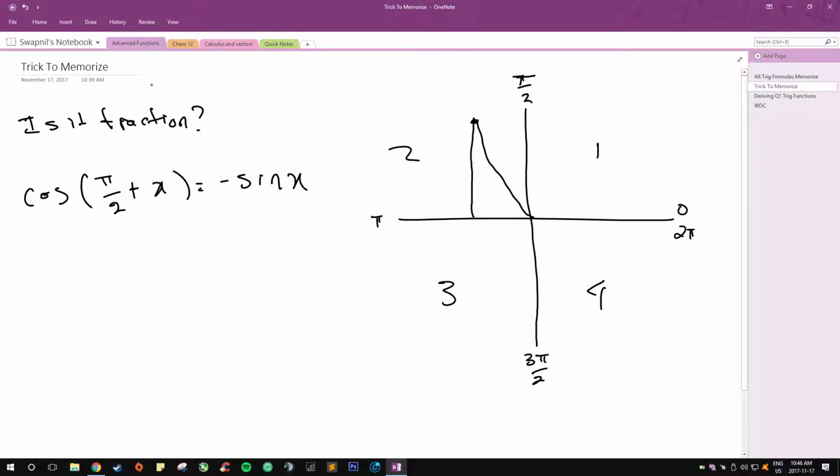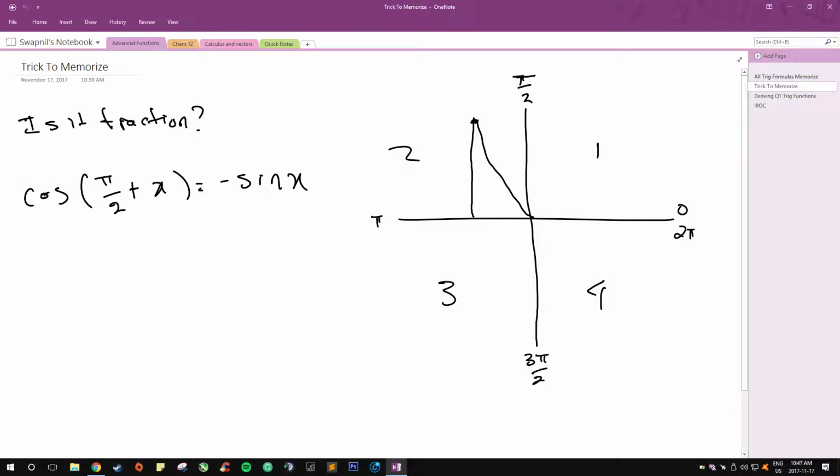Okay, but there are a lot of these, right? So how do you memorize it? This is all you do. You just look at if it's cosine or sine, because tangent, cotangent, cosecant, secant could be derived from cosine and sine.